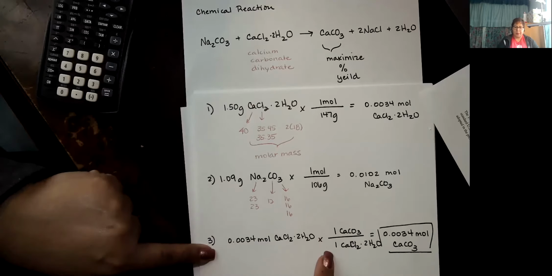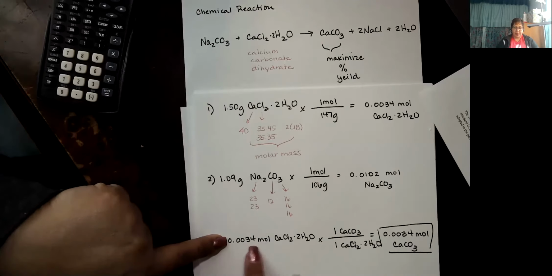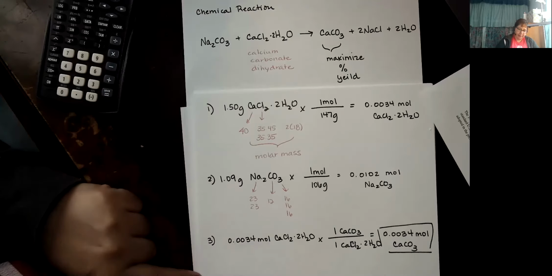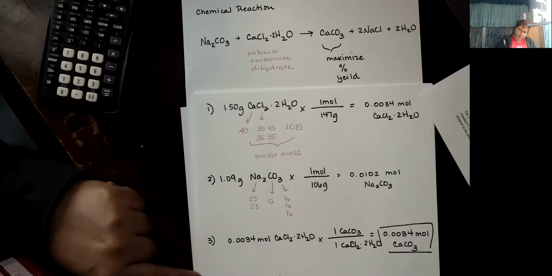So since it's a 1-to-1 mole ratio, however many moles I have here, it's going to be equal to that many moles I have there. So I really don't even have to do any math.